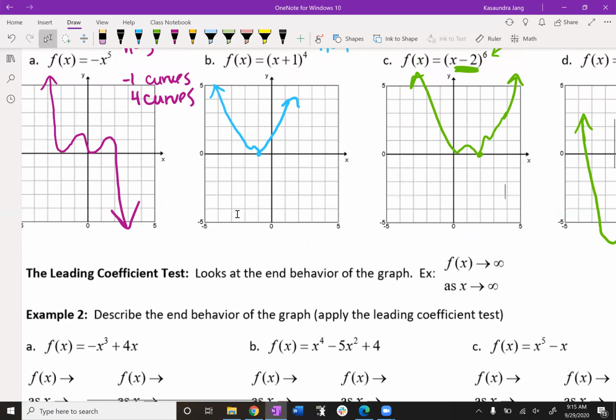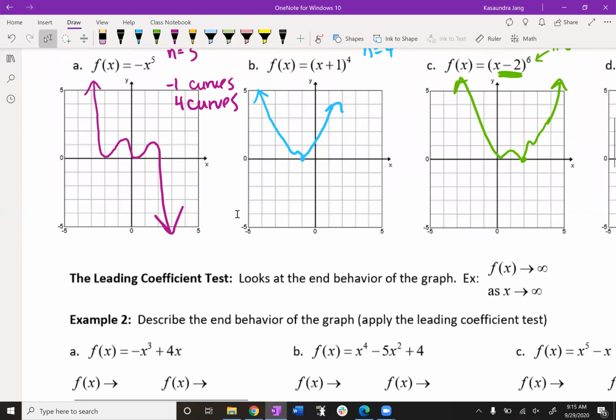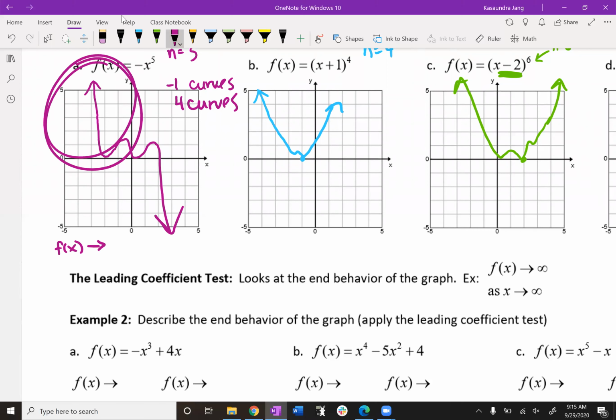So here's what I'm going to write here. F of x goes either to positive infinity, up, or to negative infinity, down. My y's either go up or down. In this case, talking about the left side, my f of x, or my y values, are going to positive infinity, like they're going up, as my x's go to negative infinity, which is talking about going to the left side.